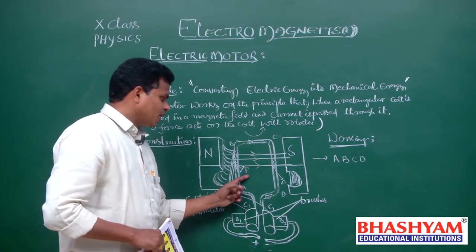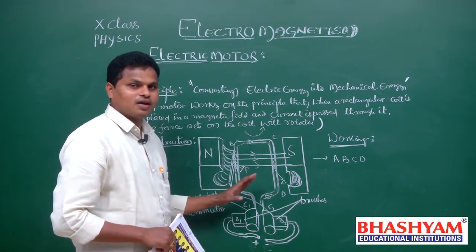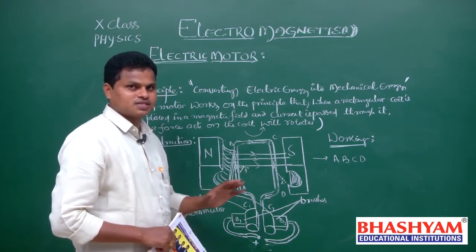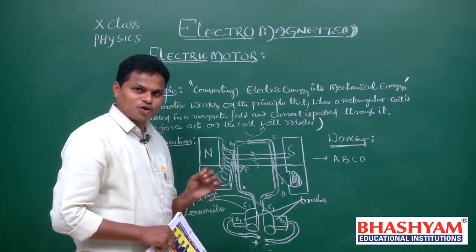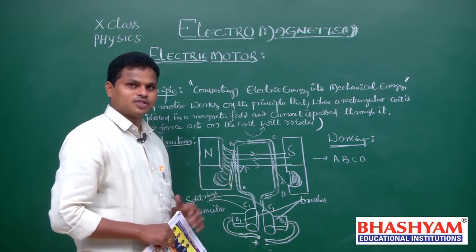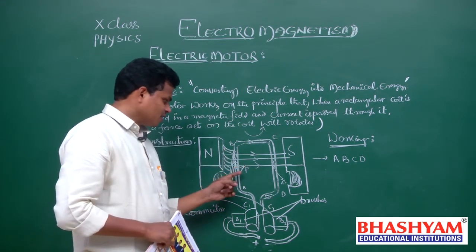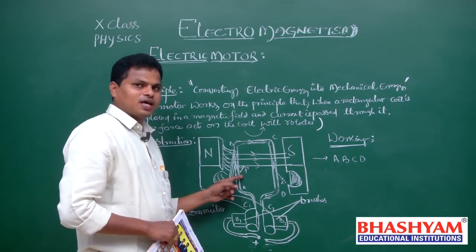Two equal and opposite forces act on both sides of the coil, and it will rotate. We know the behavior of a coil in a magnetic field: it rotates. Here are two forces, equal and opposite.